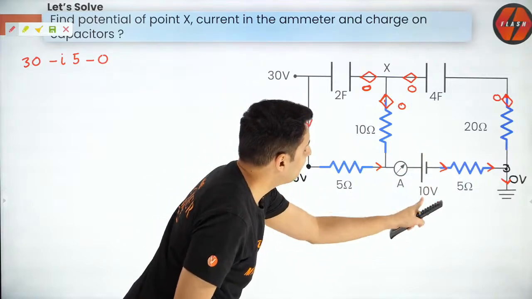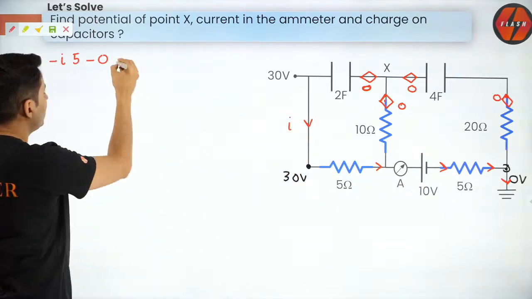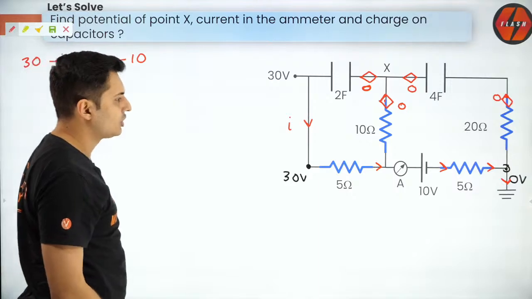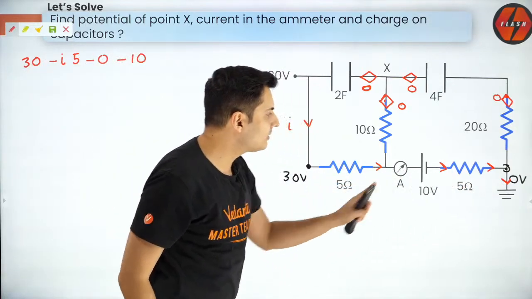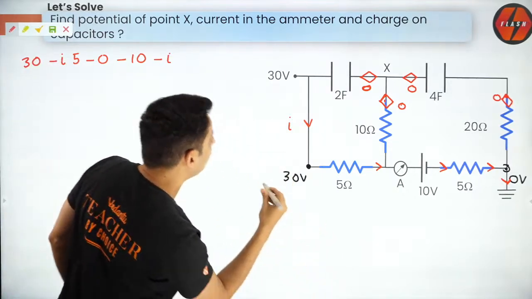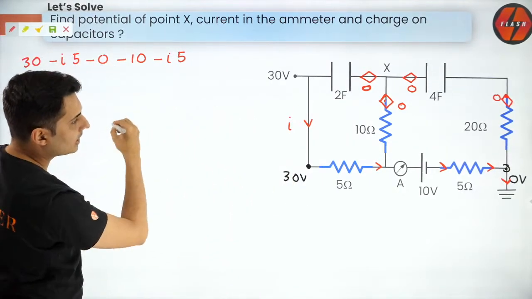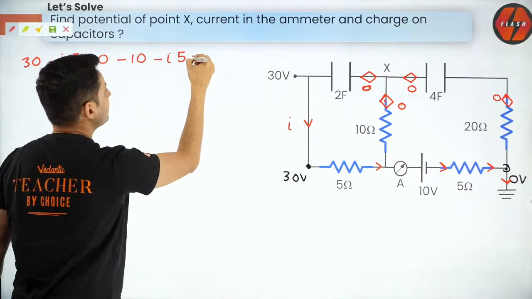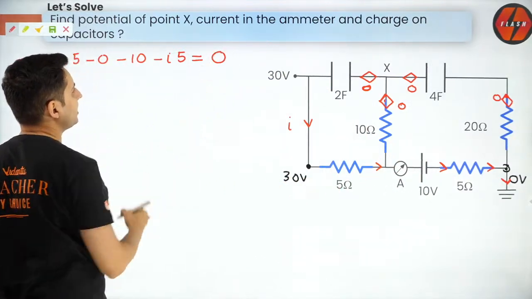Then this is a battery. I'm going from high to low voltage, so it is a minus 10 volts drop, and across this resistor also there is a drop of I into 5. All right, and eventually I reach the final destination whose potential is 0.